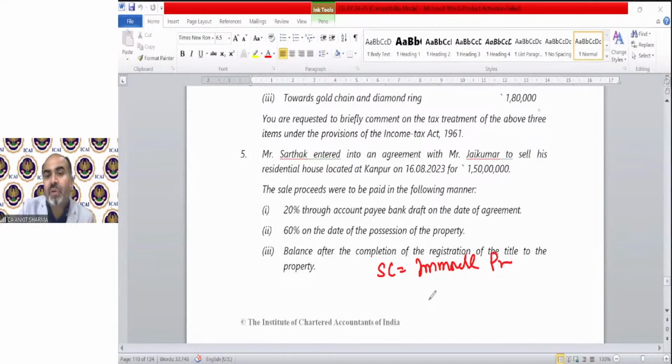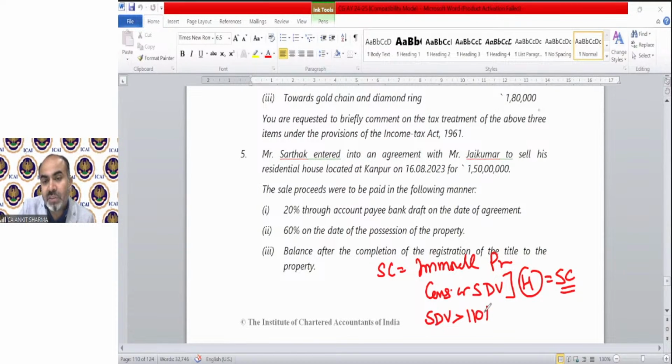So it says for the purpose of section 50C, the actual consideration or stamp duty value, whichever is higher, will be your sale consideration for the purpose of capital gain if your stamp duty value is more than 110% of your consideration declared.